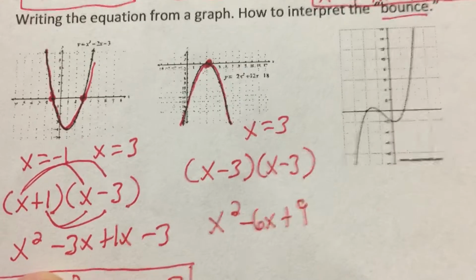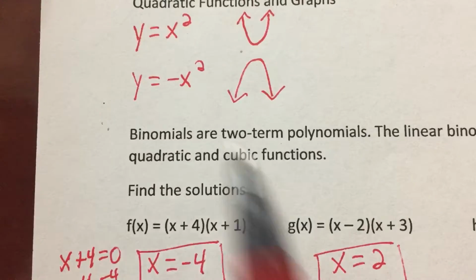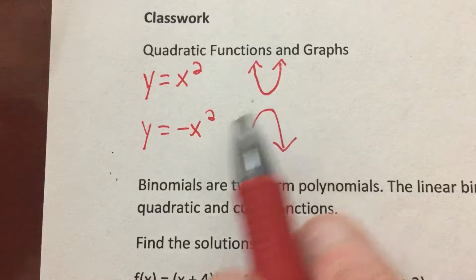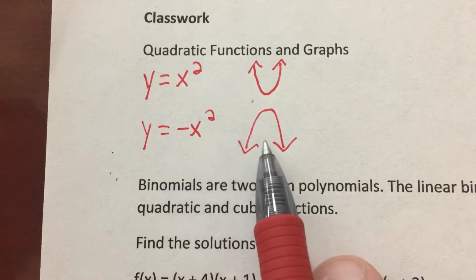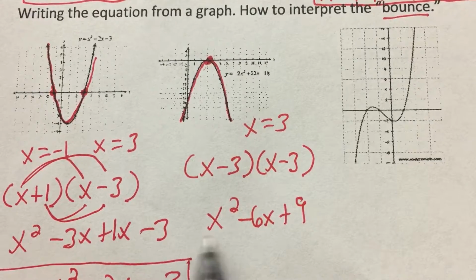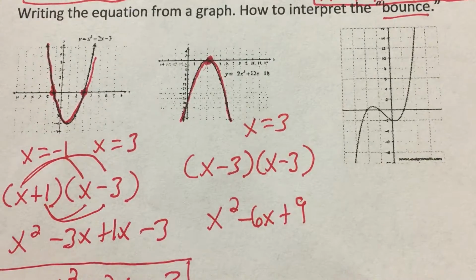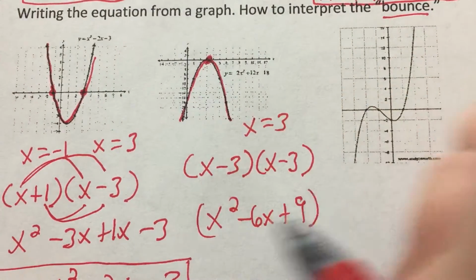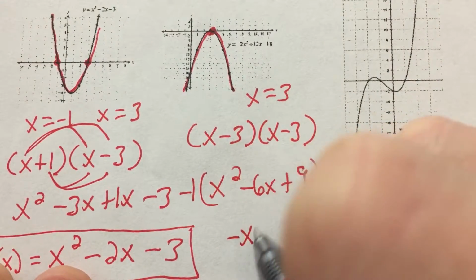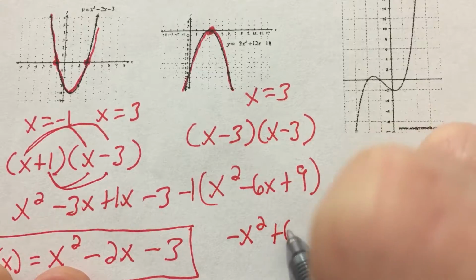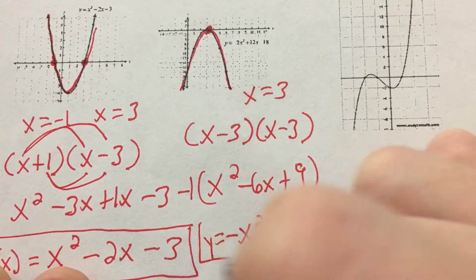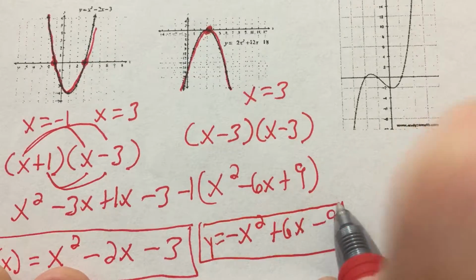But there's one more thing to consider, and that is positive quadratic functions open upward, negative quadratic functions open downward. And I noticed that this guy actually opens downward. So this really needs to be negative. What I'm going to do then is multiply by -1 and change that. So I get negative x squared plus 6x and then -9. And I'll stick a y equals in front of that for now.